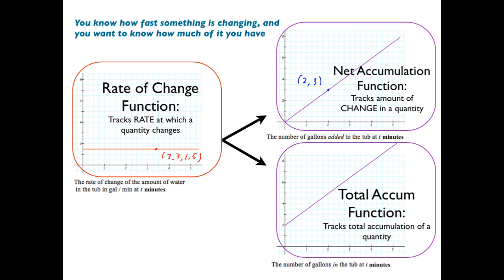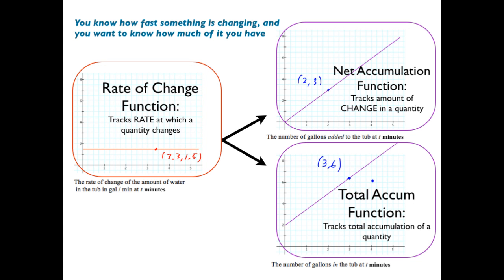So here's the point 3, 6. What does that point mean? At 3 minutes, we have 6 gallons in the tub. Right. The total accumulation of water now is 6 gallons in the tub. Perfect. Okay. All right.